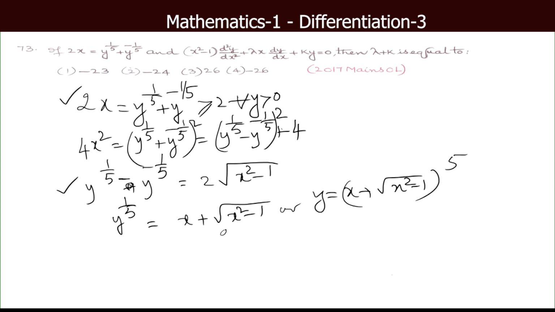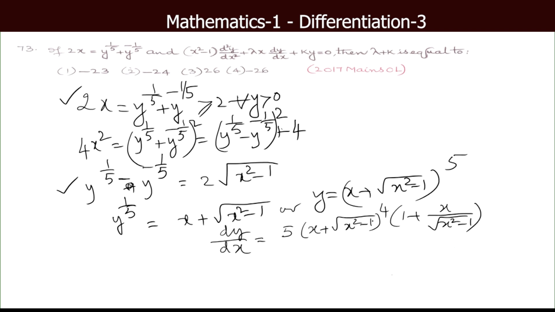సో dy dx ఈజ్ ఈక్వల్ టు 5 టైమ్స్ x ప్లస్ రూట్ ఆఫ్ x స్క్వేర్ మైనస్ 1 హోల్ పవర్ 4. దీనికి అడ్వాంటేజ్ ఉంది, మనం చూస్తూనే ఉన్నాం, ఈ రకంగా ఇందాక చేసాం కూడా. ఇప్పుడు ఎల్సిఎం తీస్తే ఇది 5 టైమ్స్ y బై రూట్ x స్క్వేర్ మైనస్ 1, or root x square minus 1 into dy dx is equal to 5y.